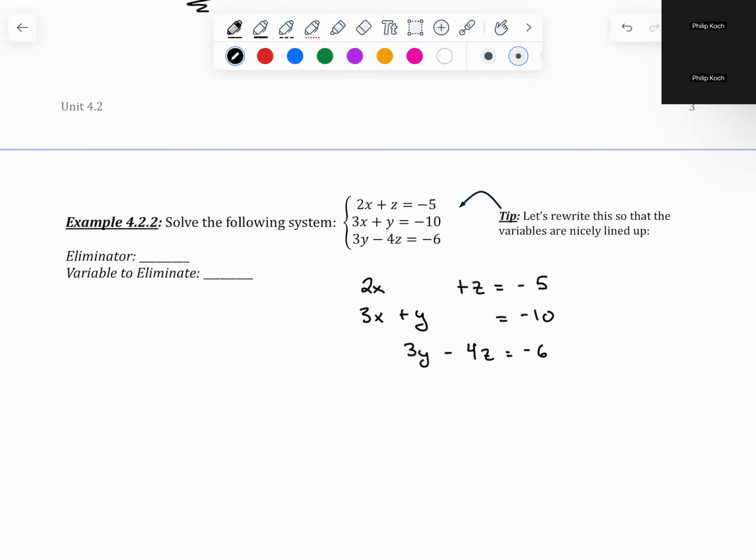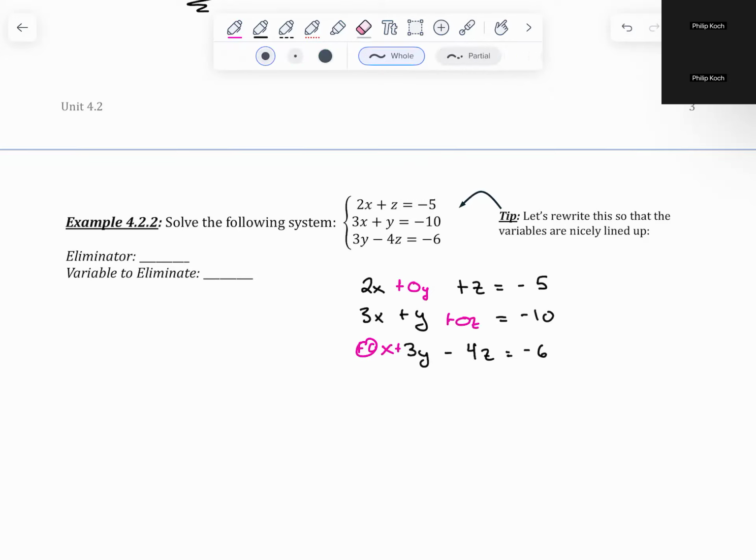That makes it look a lot more approachable, and it lays out what you need to do far better, in my opinion. So if it helps you out, definitely feel free to write the plus 0y, the plus 0z, and the 0x here. That's okay to do. Not wrong to do. I'm just going to ignore it.